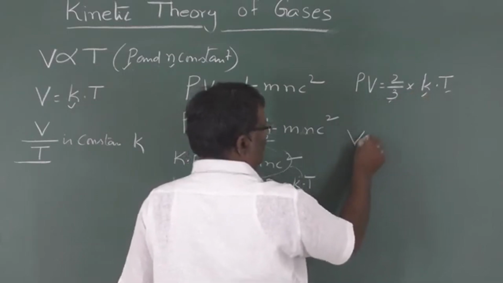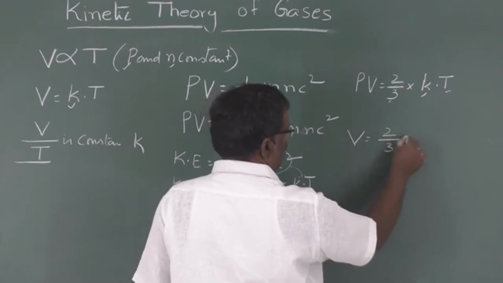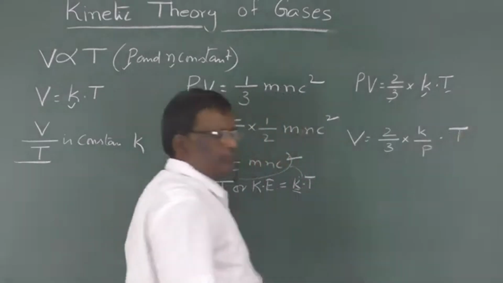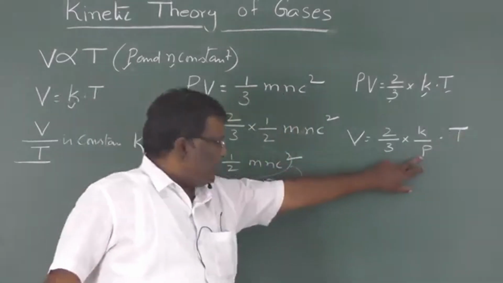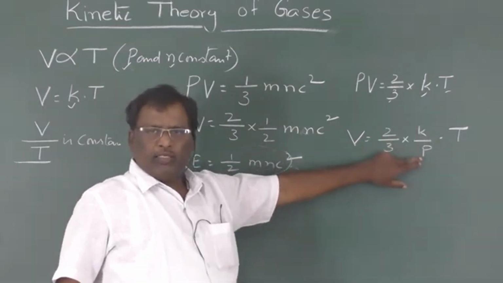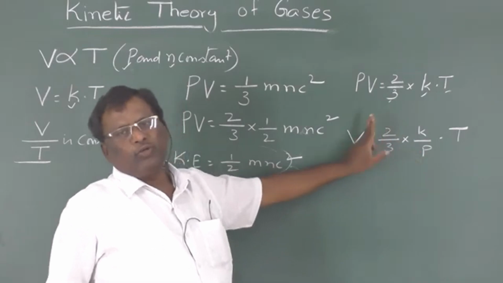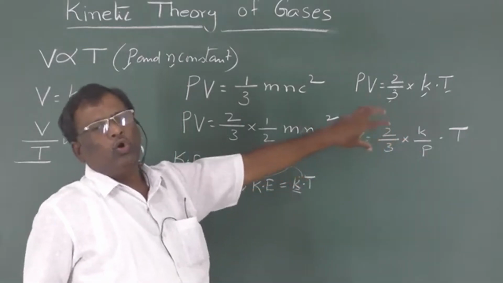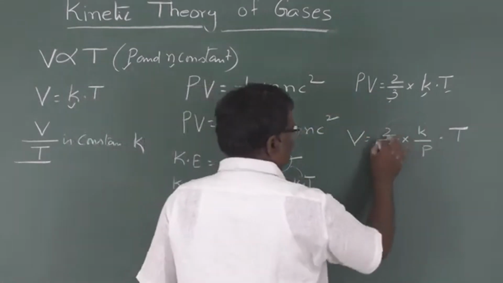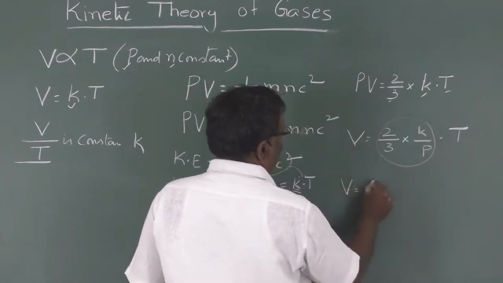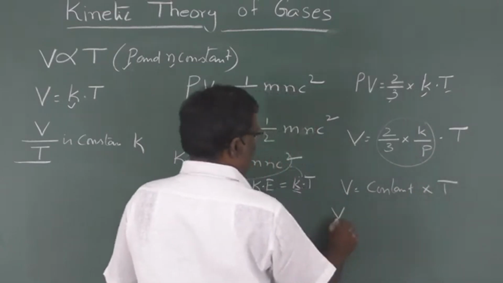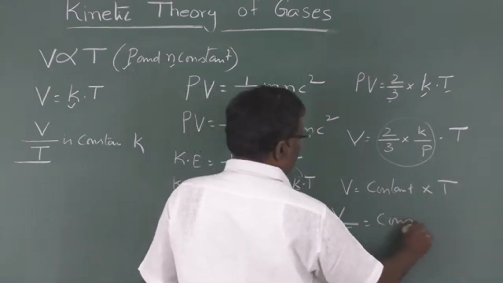Now, V is equal to 2/3 into K by P into T. If pressure P is constant, K is constant, K by P is also constant, and 2/3 into K by P, the whole thing becomes another constant. So, instead of all these things, you can write V is equal to constant into T, or V by T is equal to constant.